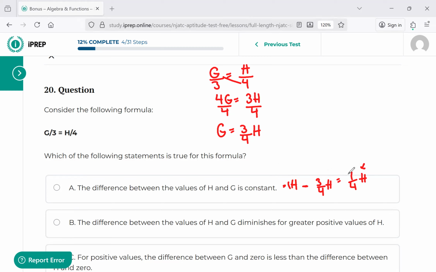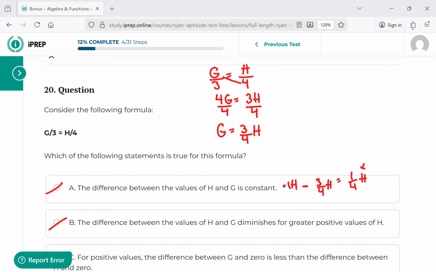You have a variable. If it was just 1/4, then yes, that would be constant. What about the second one? The difference between the values of h and g diminishes for greater positive values of h. I don't think that's true either. No.